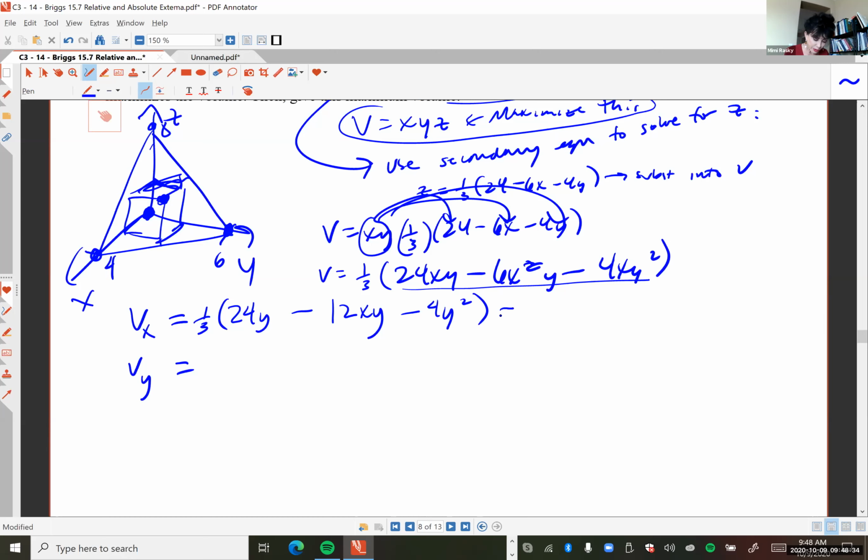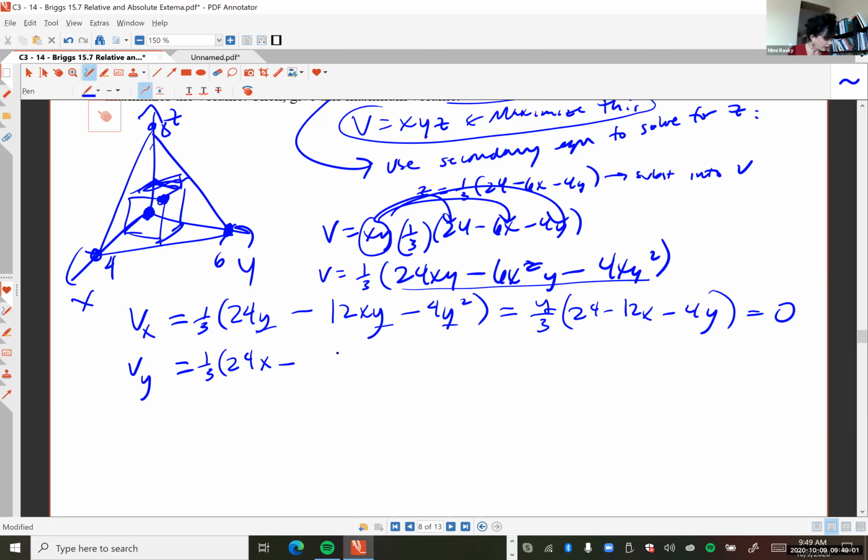Before I set this equal to 0, if you don't mind, I notice that all 3 of these terms have a common factor of y, so I'm just going to factor out the y just to make it a little easier to look at. And then you know what's going to happen. The ZPP, baby, is going to save you. That ZPP is gold. And then the similar technique you'll use here for the other partial, you'll have 1/3 times the derivative with respect to y.